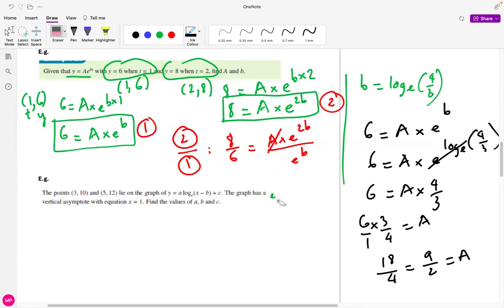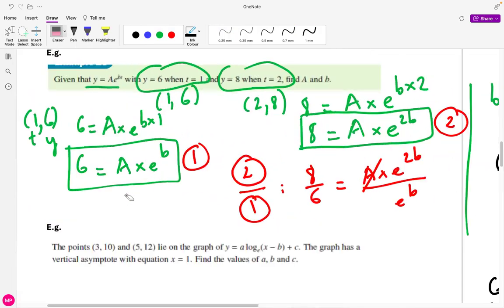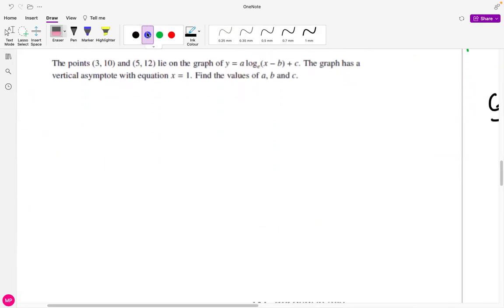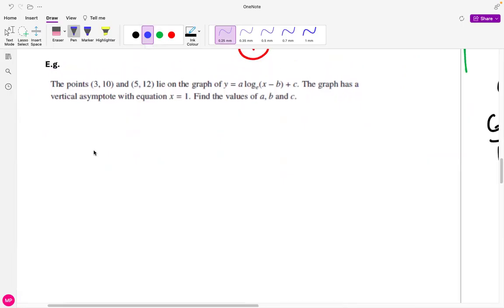All right. Here we do another example, which is a bit more challenging, but pretty much the same concept. Here they give you 2 points, so same thing, you can substitute in. But here you don't know a, b, c, so 3 variables. But they do give you the asymptote x equal 1. If you watched the previous video, we talked about the asymptote for log is whatever makes the inside equal 0.